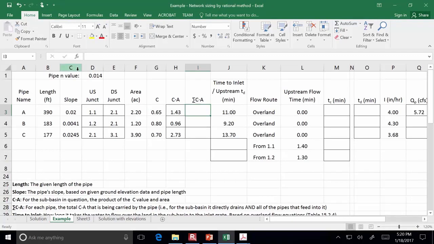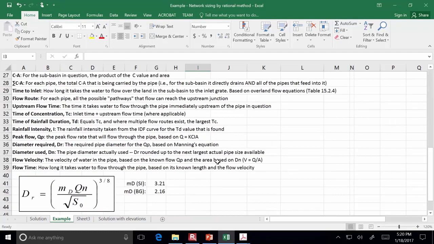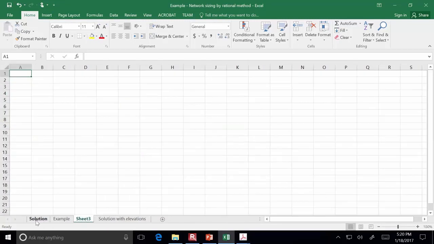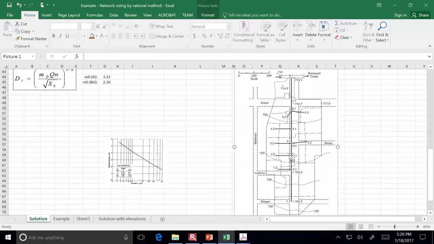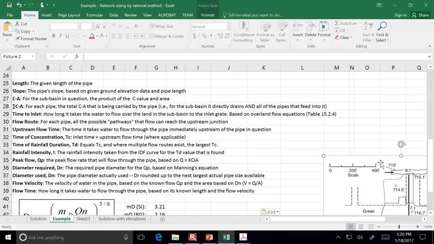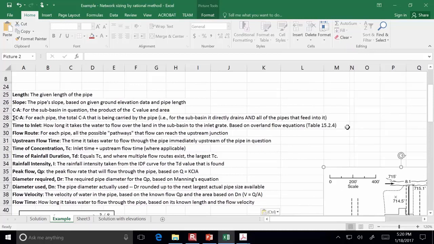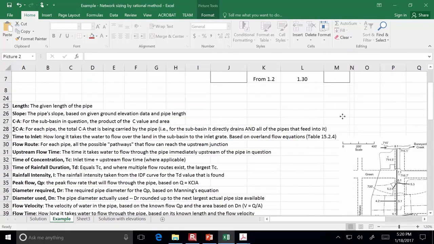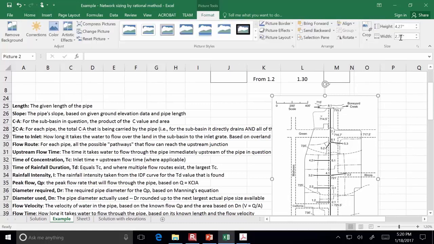It's for pipe A. If you look at what's flowing through, let's see. I'm going to copy and paste this to here. Crop it.